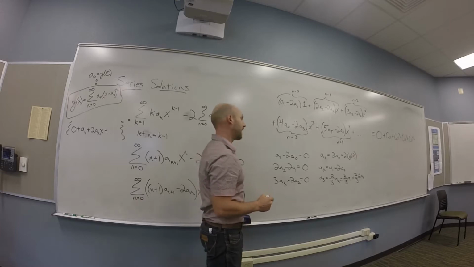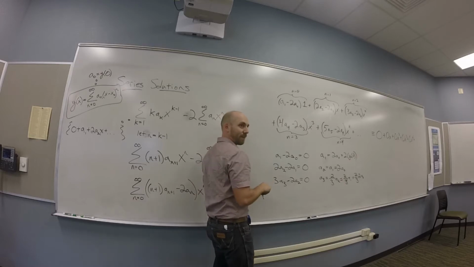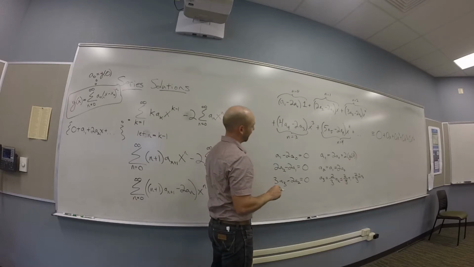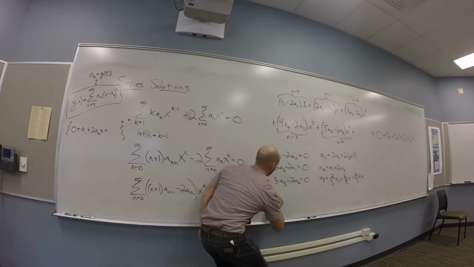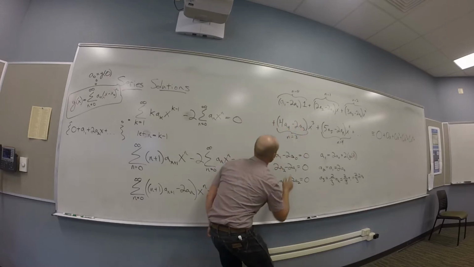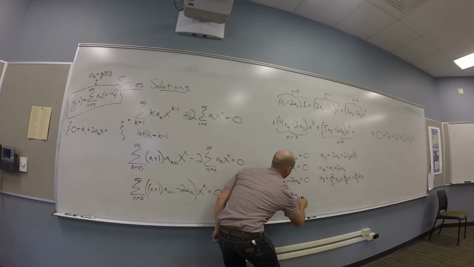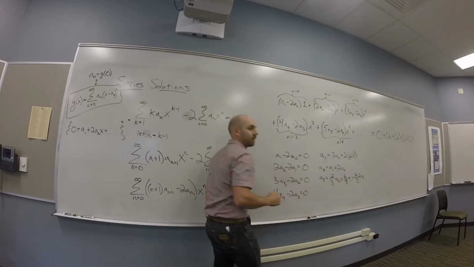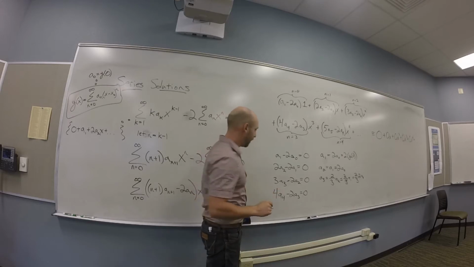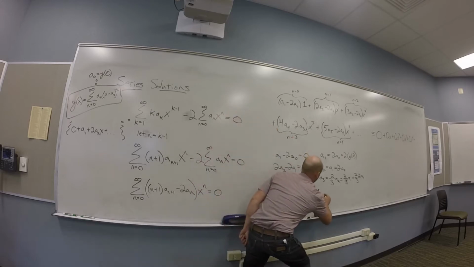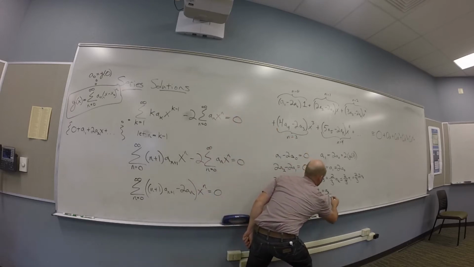Okay. Next thing, right? So your next one is going to be this guy. So you got 4a4 minus 2a3 is 0. So that's going to tell you a4 is a3 over 2.